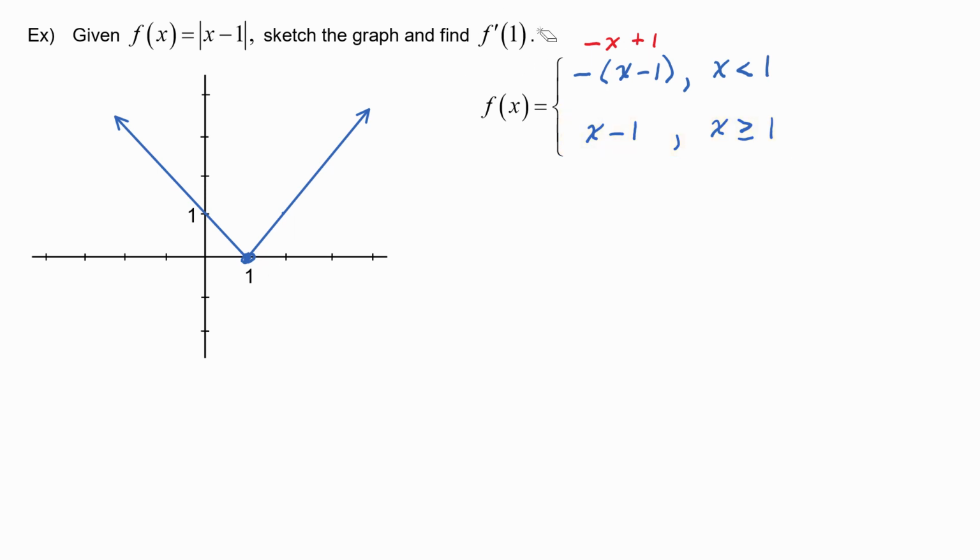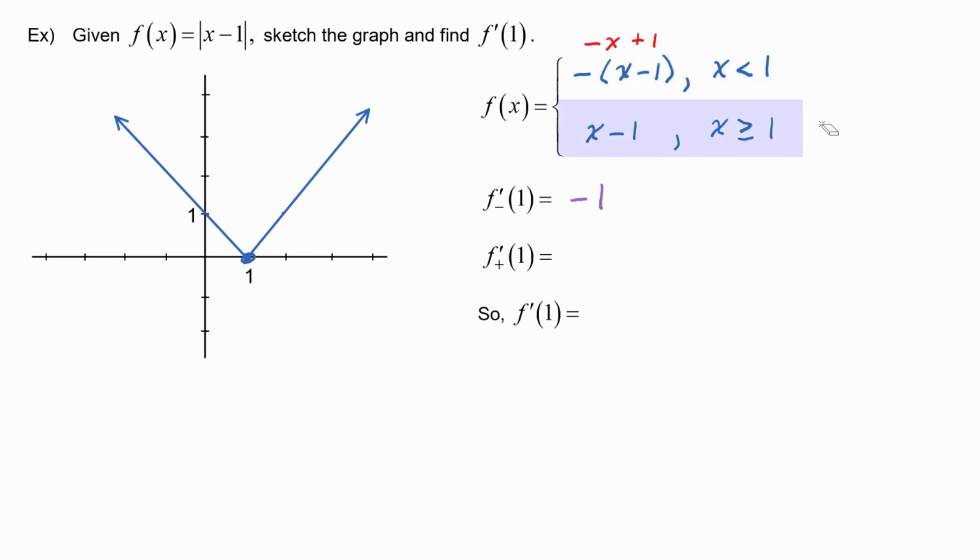We know that we want to find f prime of 1. But because we have a piecewise defined function, we know that means we should look at the derivative coming in from the left of 1 and the derivative coming in from the right at 1. Now, this top portion is coming in from the left at 1, and that derivative would be negative 1.